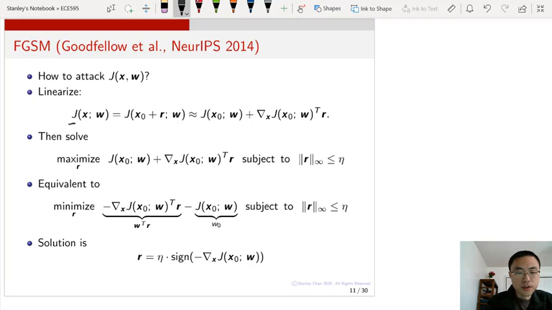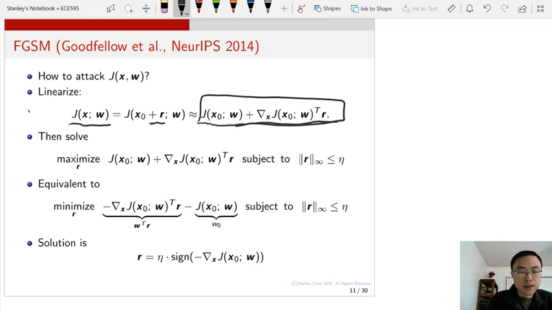It is a function in terms of X and W, and remember that we're doing the attack, and therefore everything has to be with respect to your X or the perturbation R. Suppose I have a small perturbation R that is added to your data point X0, then you can do a first order approximation by writing J of X0 plus the gradient times R. So if you write this equation in this way, then maximizing this is equal to maximizing the linear approximation. You can put this equation into your objective function, then that would be your problem.